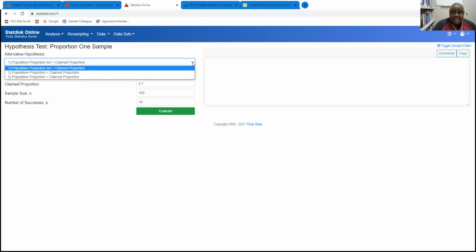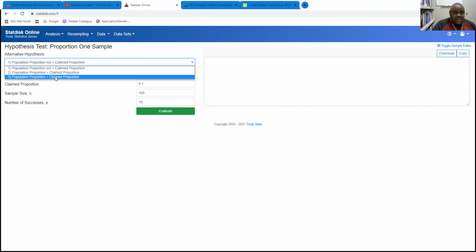It doesn't say less than or greater than, because it doesn't give any type of directional language in that particular problem. So we're going to have to use the one that says not equal to. You have to read that problem very carefully to see which one of these you're going to need to use. In this case, we have to use not equal to because it doesn't give less than or greater than.